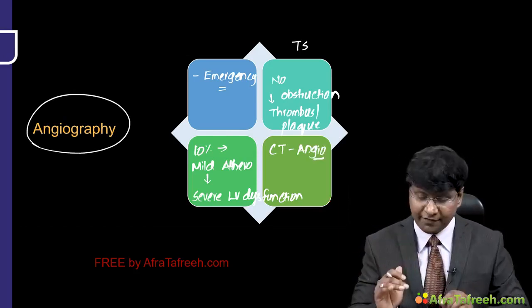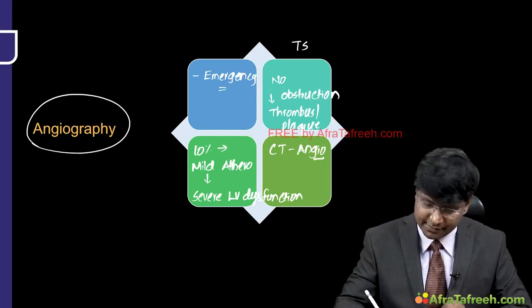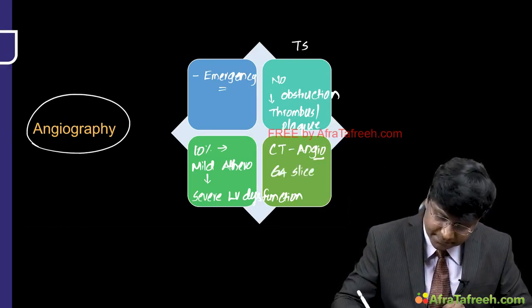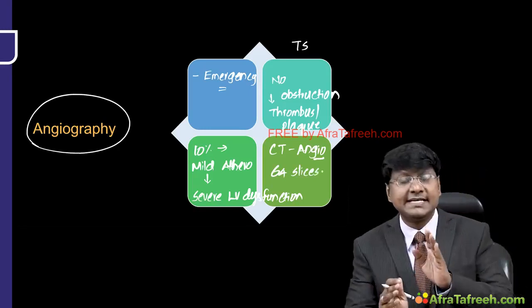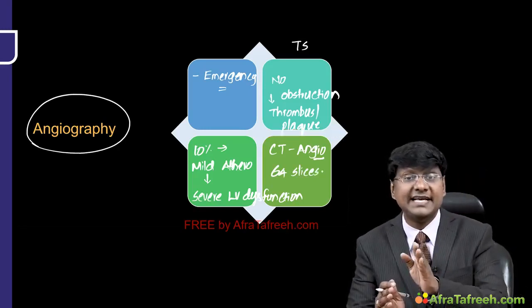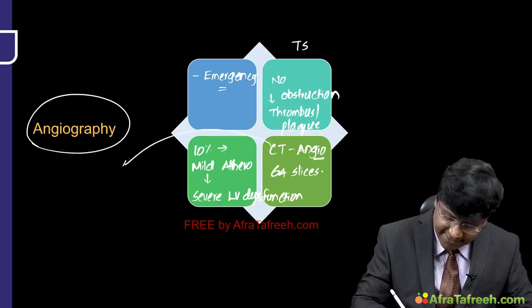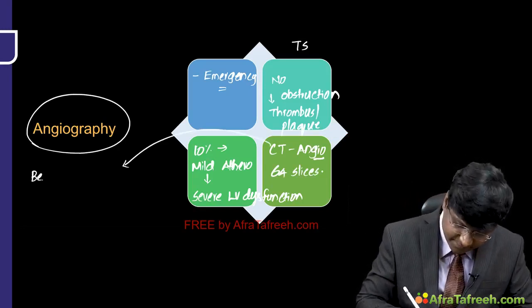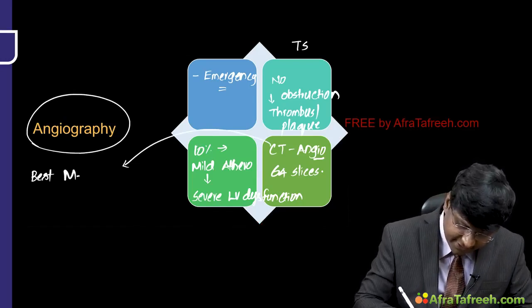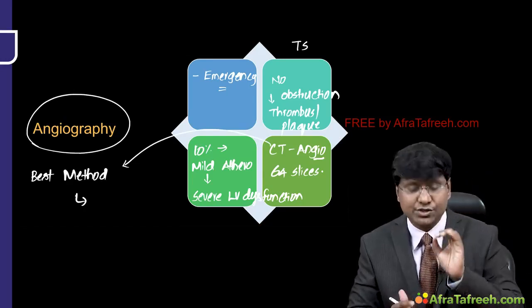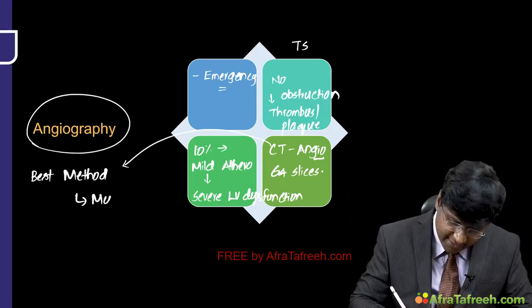The CT angiography is performed using a 64 slice CT scanner. And this CT angiography is considered the best method for diagnosing myocardial bridging.